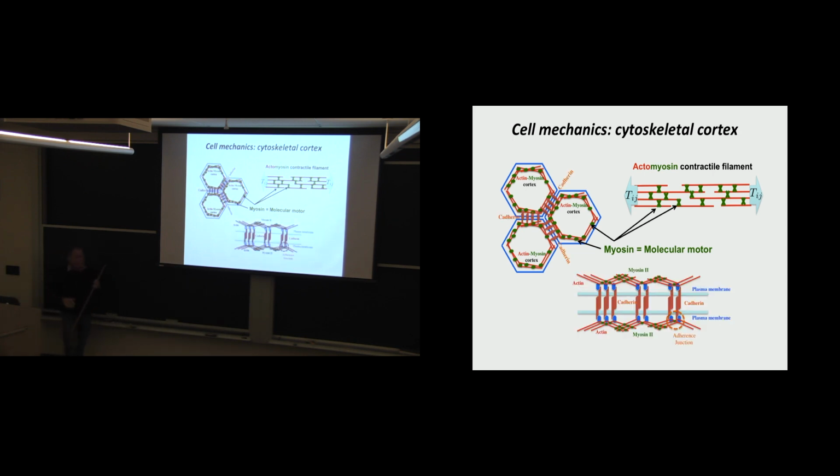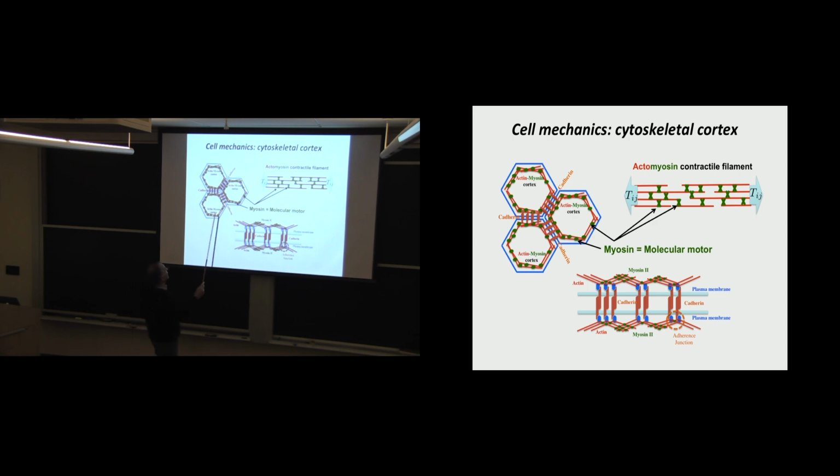Actin for us here is kind of a structural polymer, and myosin is a molecular motor. So myosins cross-link actin fibers and can walk on them, generating stress.